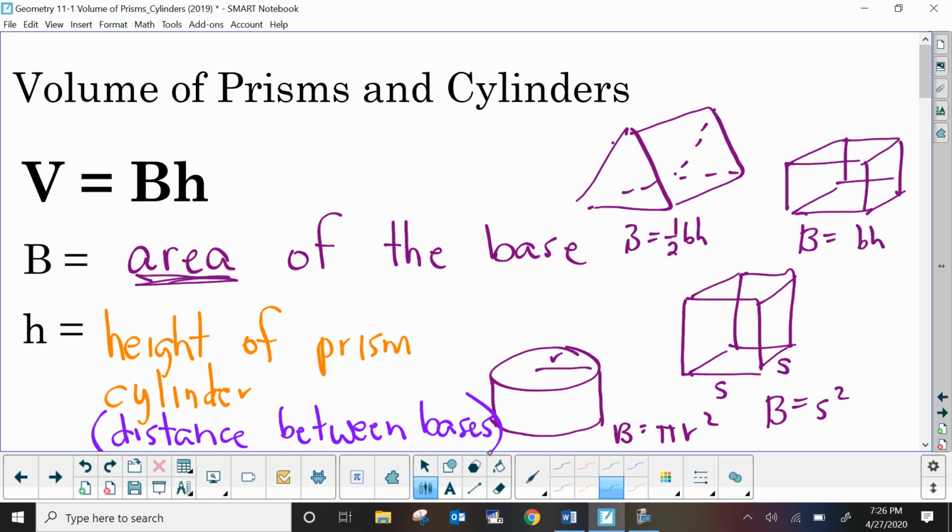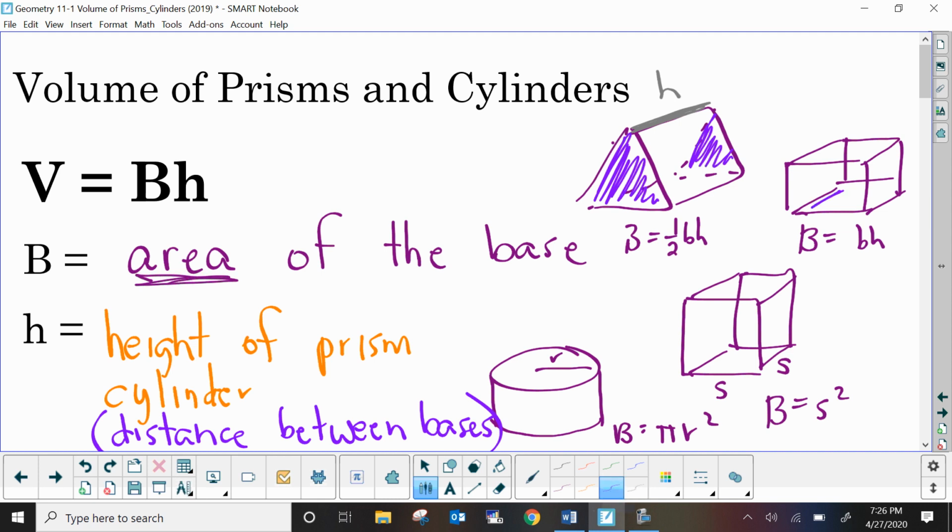So if you think about it, going back to this triangular prism I drew up here, since the triangles are the bases, then the distance between those triangles is the height of that prism.